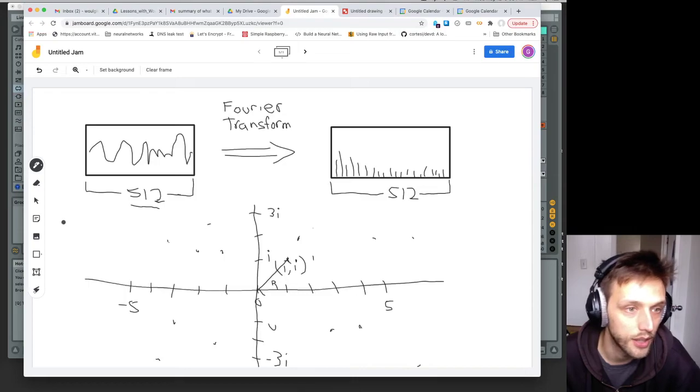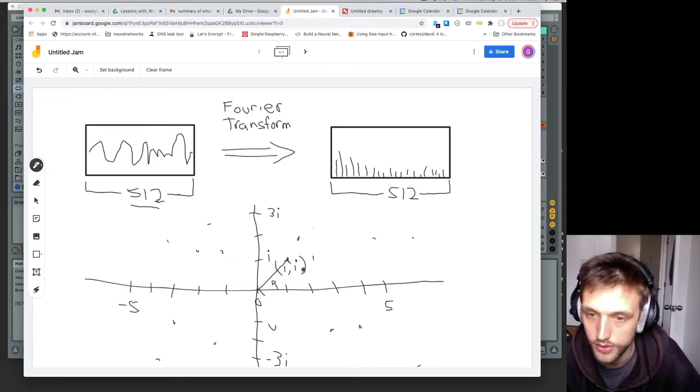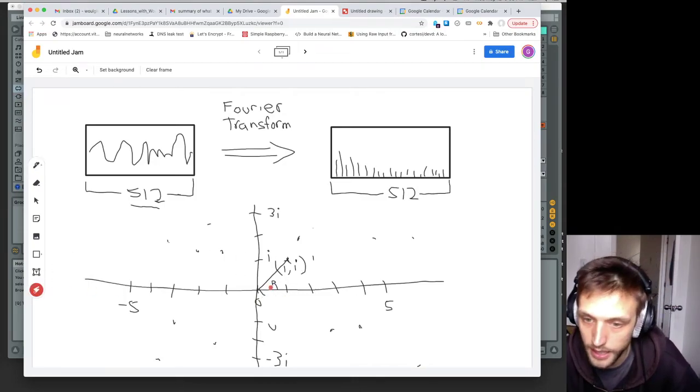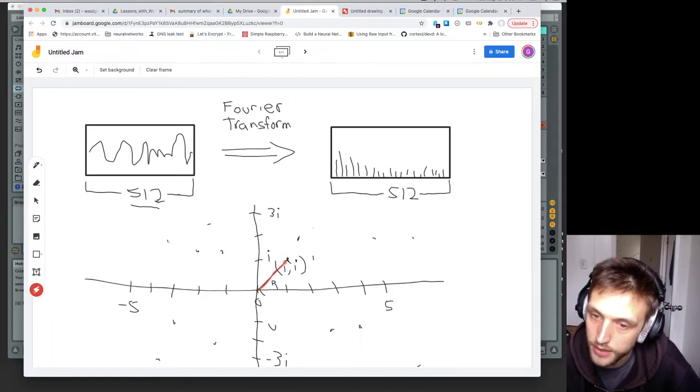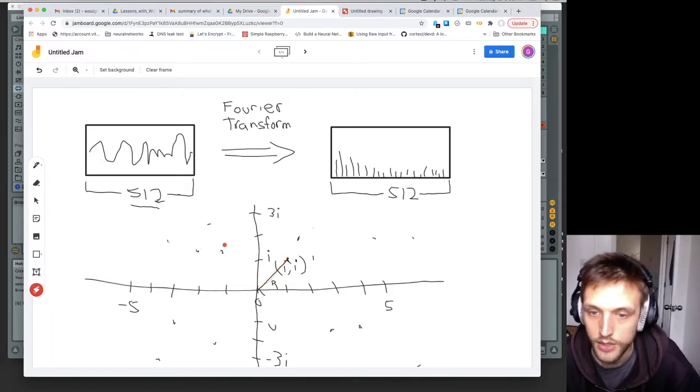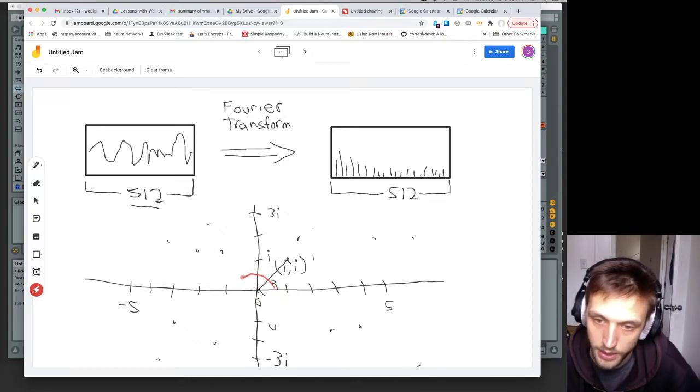This is getting a little bit hard to see. Hopefully it's not too bad. So we get this angle here, and we get this magnitude, like this length here. So say if it was this point, then this would be our length, and all the way this would be our angle.